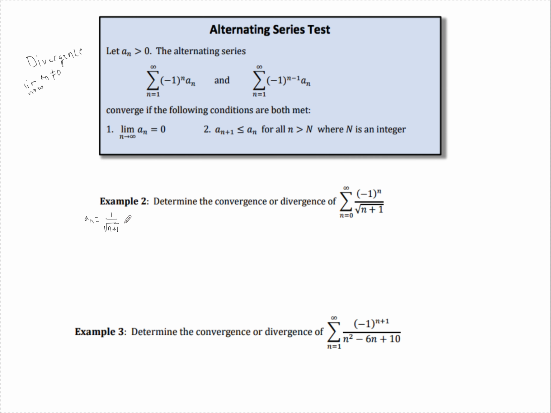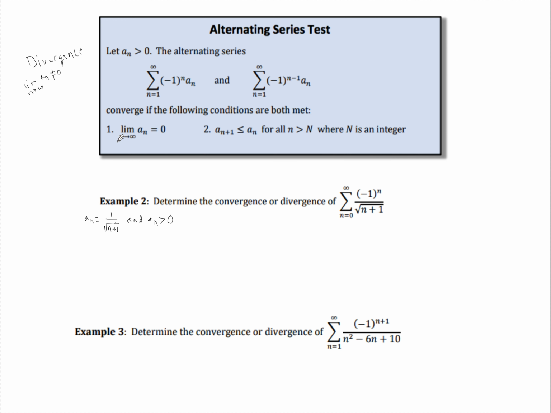Basically, we ignore the alternating part of this, and a sub n is greater than 0. Great. So we've now established that this is alternating because the negative part will flip every time the power goes up by 1, but the a sub n stuff will always be greater than 0. So this is going to be an alternating series.